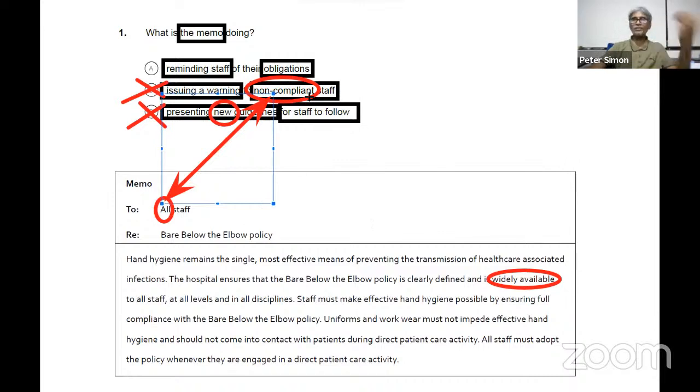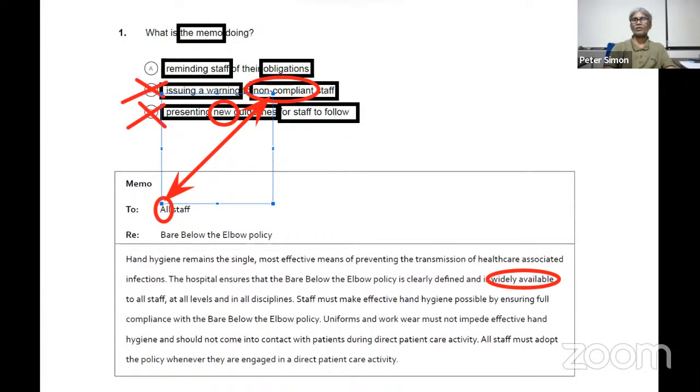It is non-compliant plus compliant. So there is a separation here into two groups, but there is no discrimination in the memo. In the memo, it is 100%, but in option B, it is only a part, not full. The memo is about full, but this is a part. This is called whole versus part theory.